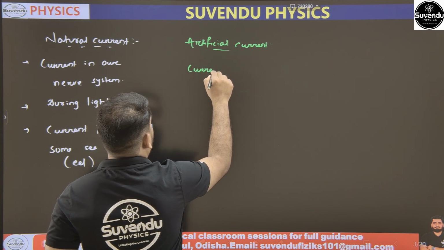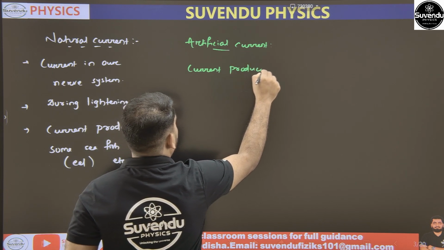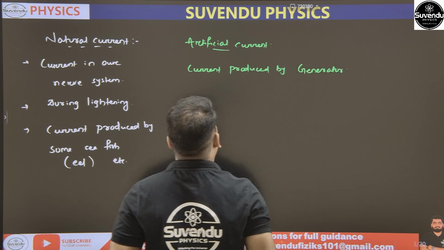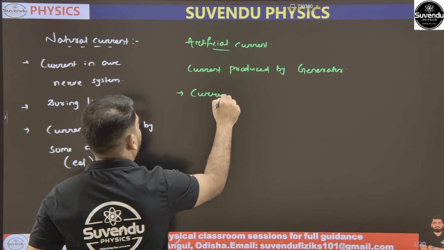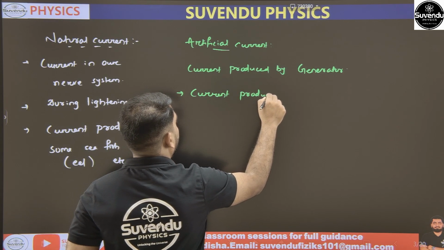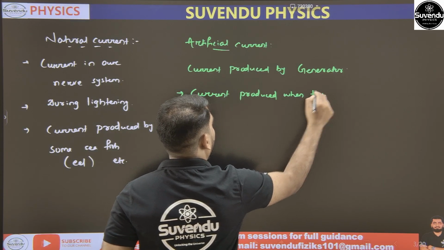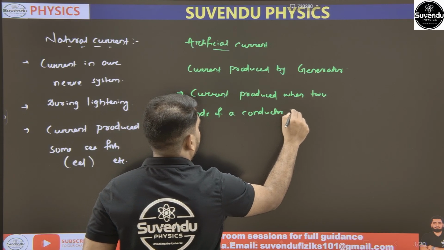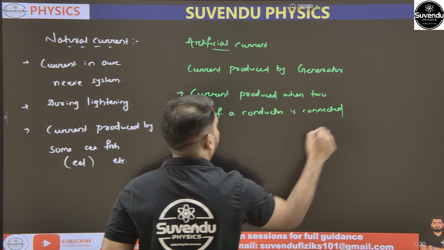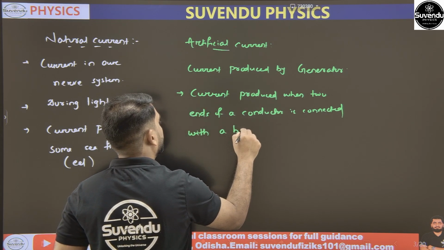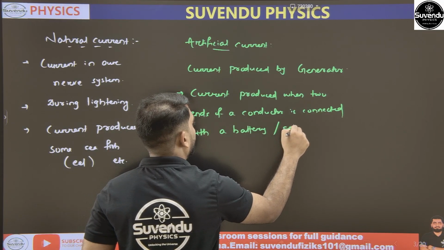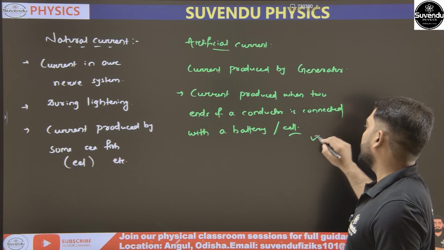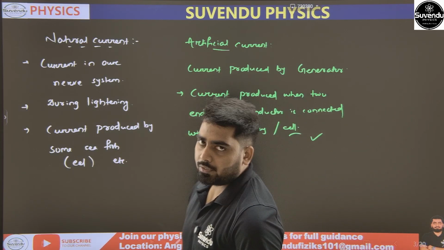And current produced when two ends of a conductor are connected with a battery or cell, that is in our artificial current. So this is about our natural current and artificial current.